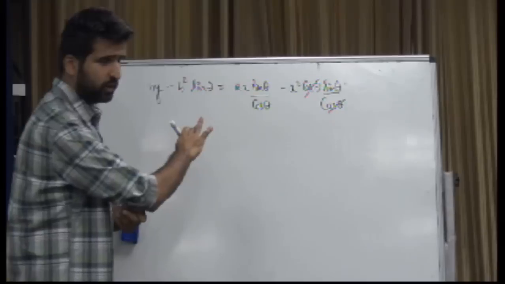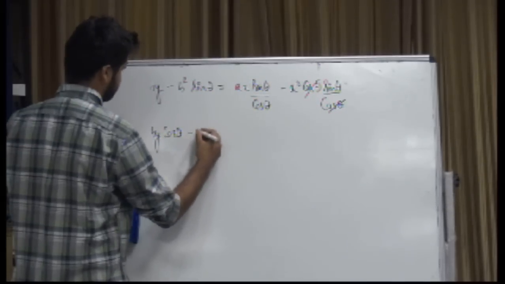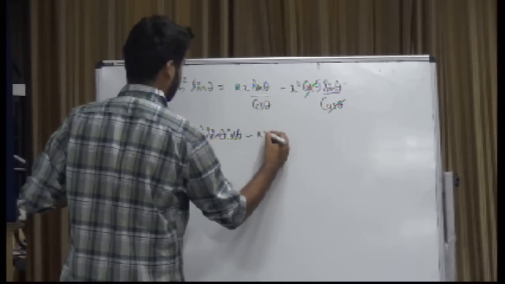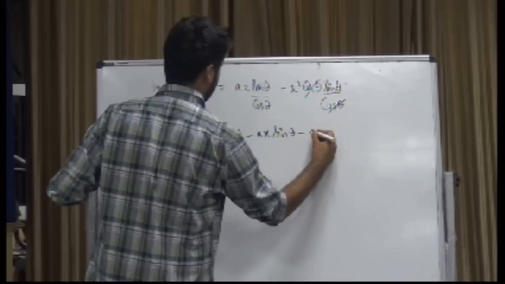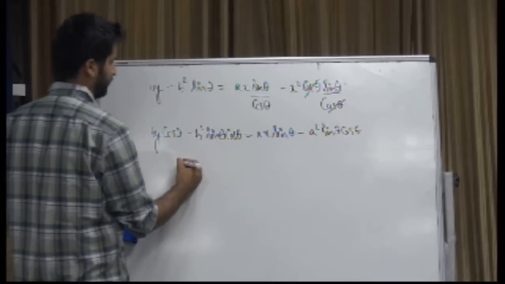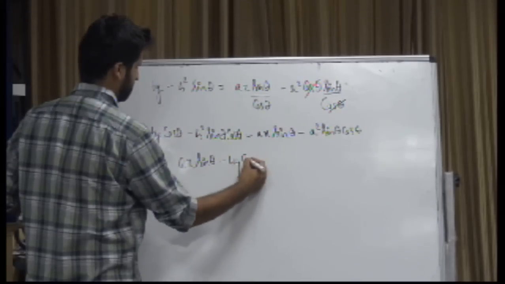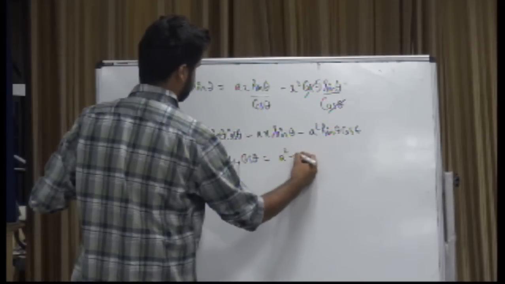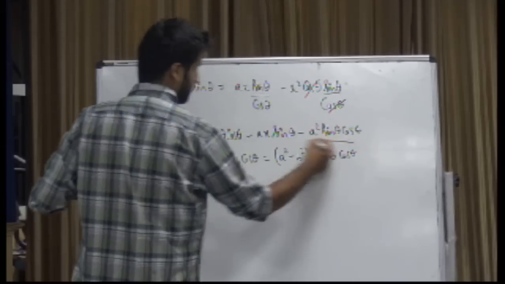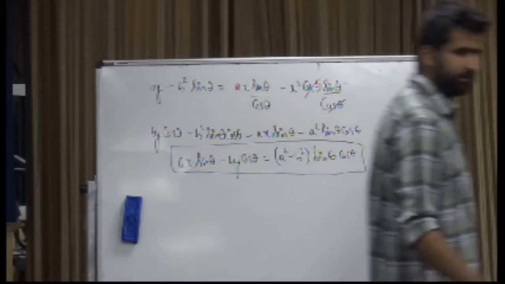Now we take LCM cos theta, and then we'll get by cos theta, so you get ax. So this is the equation of the normal. Okay.